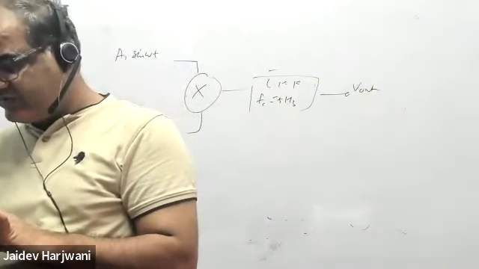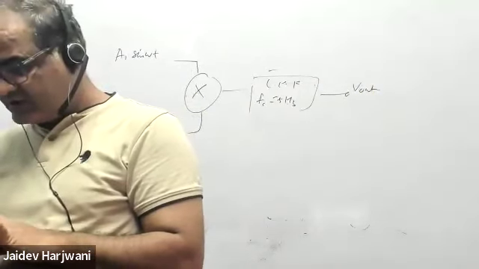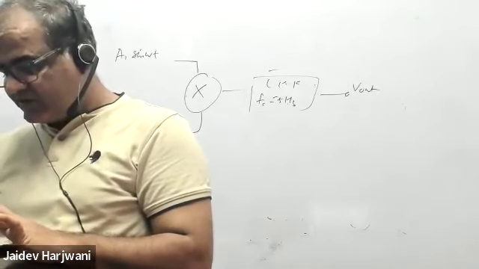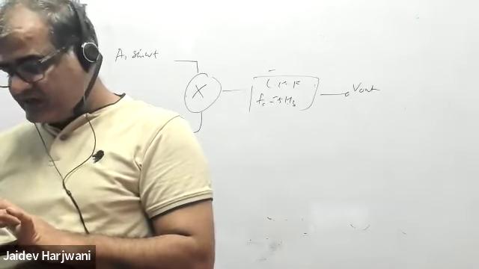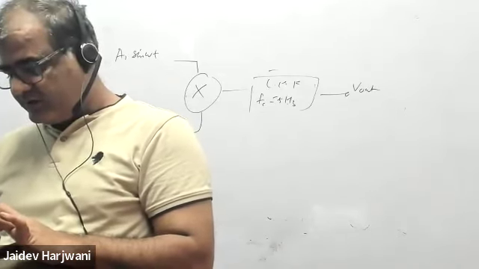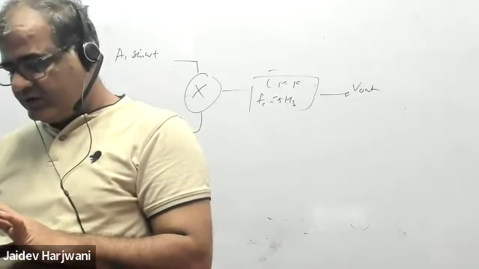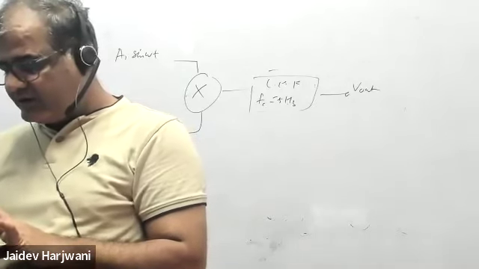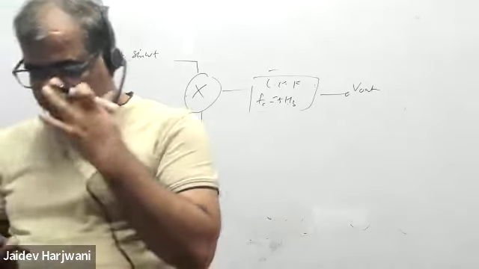The amplitude of the signal is 1 volt. The time constant of the lock-in amplifier is such that any signal of frequency larger than omega is filtered out. So it is a low pass filter of omega. Tell me what is the output of the lock-in amplifier.